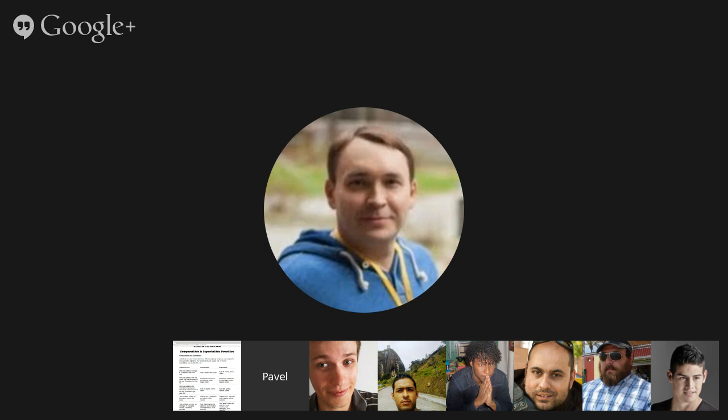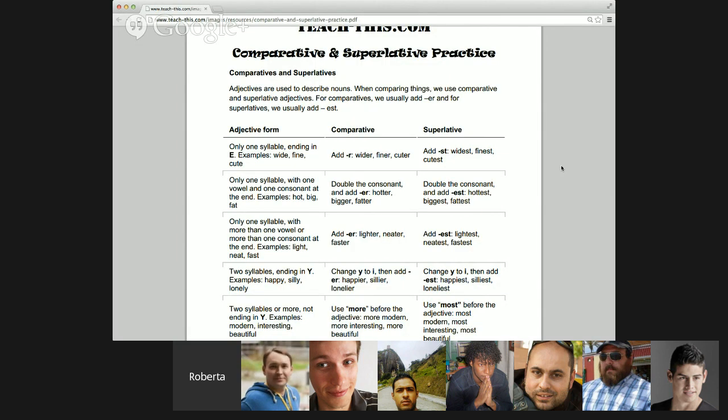When comparing things, we use comparative and superlative adjectives. For comparatives, we usually add er, and for superlatives, we usually add est. Okay, so that's correct. For comparatives, we add er, and for superlatives, we add est.